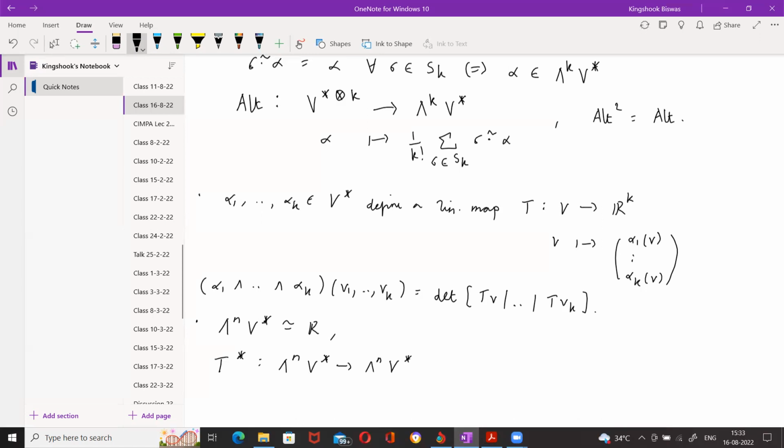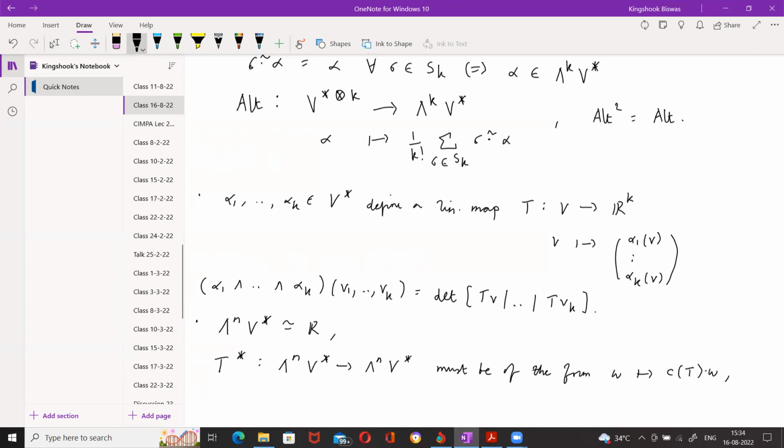So it's a linear map from a one-dimensional vector space to itself. So it must be multiplication by a scalar, right? Yes? Yes, sir. So this must be of the form omega maps to some constant c of T, depending on T, times omega, right?